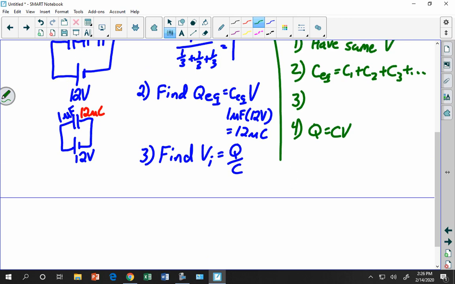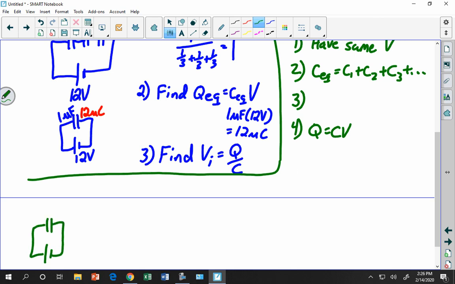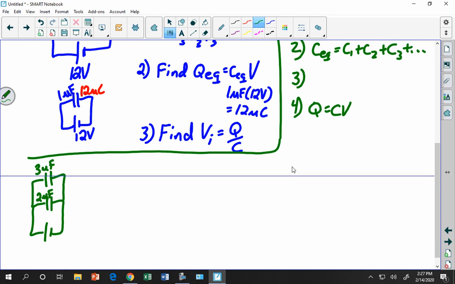Okay, so let's do capacitors in parallel. Let's say this is 3 microfarads. Let's say this is 2 microfarads. And this is 12 volts.